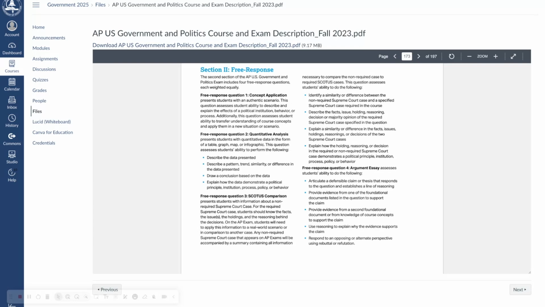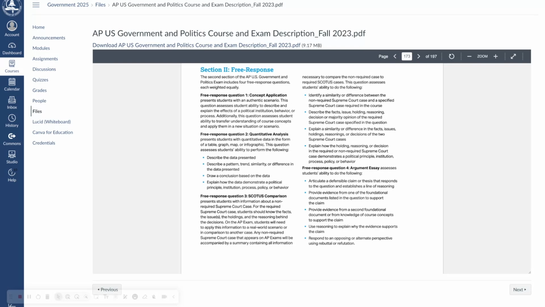On the AP exam, students will need to apply this information to a real-world scenario in comparison to another case. Any non-required Supreme Court case that appears on AP exams will be accompanied by a summary containing all the information necessary to compare it to the required SCOTUS cases. But remember, the big 14 are the required ones, which I also provided a video on.